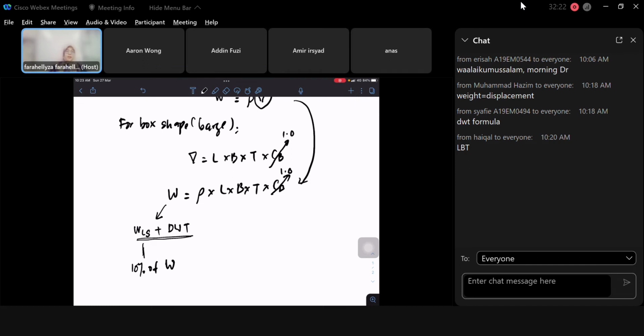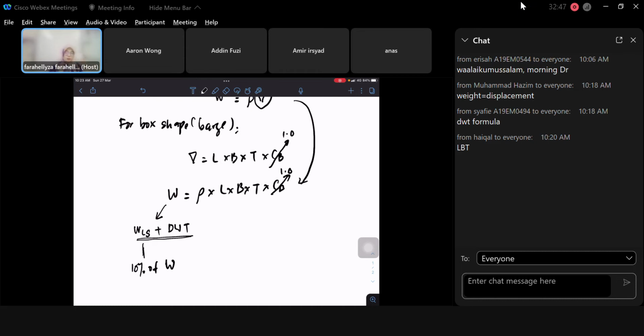So that is included as DWT. For those elements, I'm going to explain more in the next topics. So WLS is not only the hull, but it also consists of machinery and outfitting, whatever you put on board your vessel.